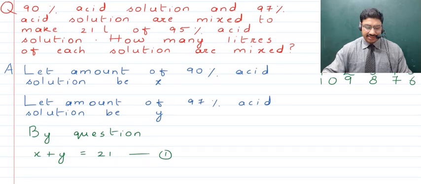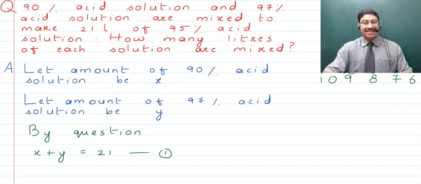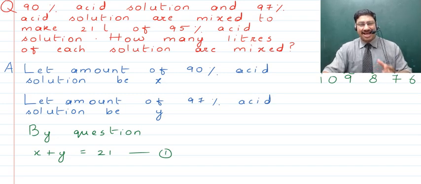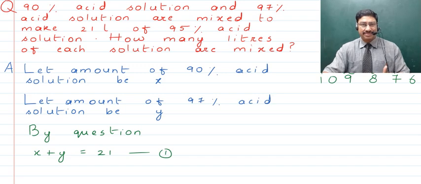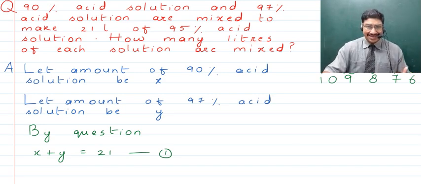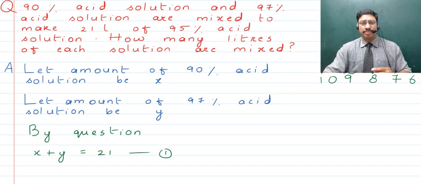Now after this, we have also been given that the acid solutions are either 90% or 97%, and they have to be made to be 95%. So what do you actually understand when we say that an acid solution is 90%? It means that 90 parts out of 100 will be acid and the rest 10 will be water.